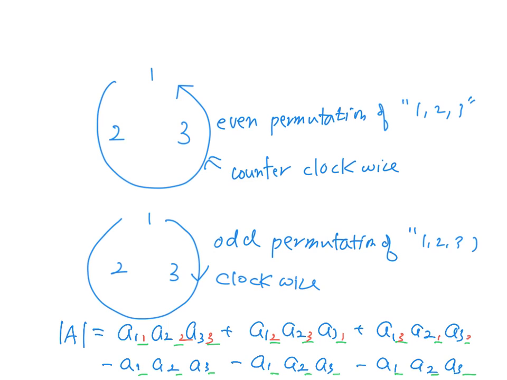How about negative terms? 1, 3, 2, right? Very good. You're getting good. And the second case? 3, 2, 1. Very good. And 2, 1, 3. You're getting very good.